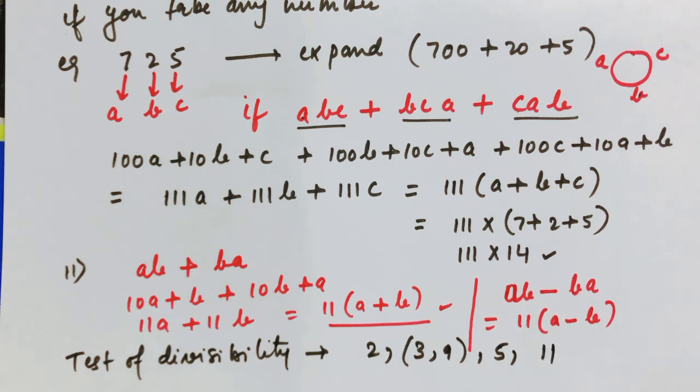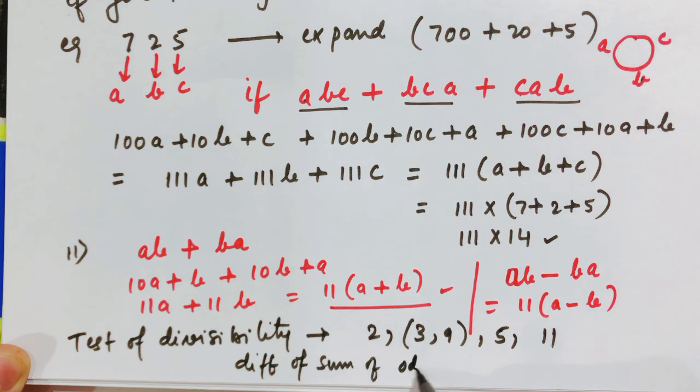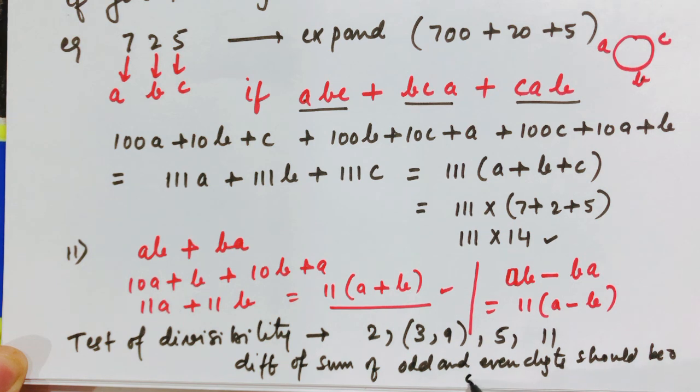Similarly for 11, you also know that the difference of the sum of odd and even place digits should be 0 or a multiple of 11.